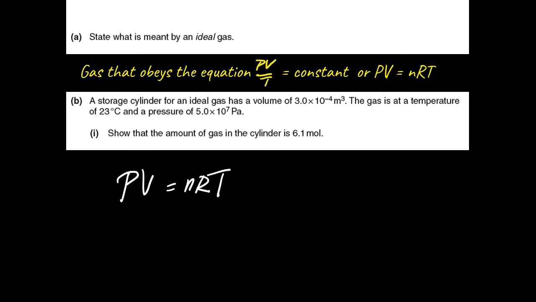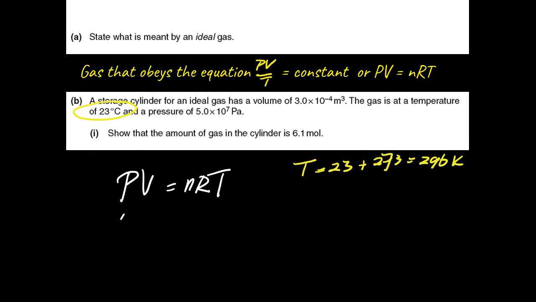The first thing we need to do is convert 23 degrees Celsius into Kelvin, because capital T here is in Kelvin. That is 273 plus 23, which is 296 Kelvin.